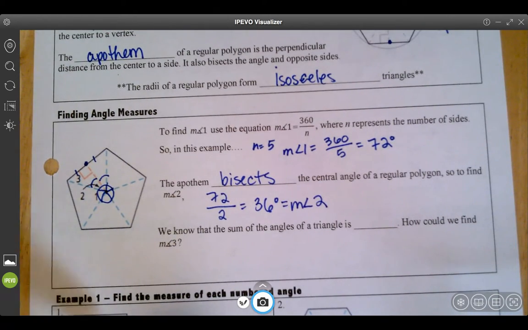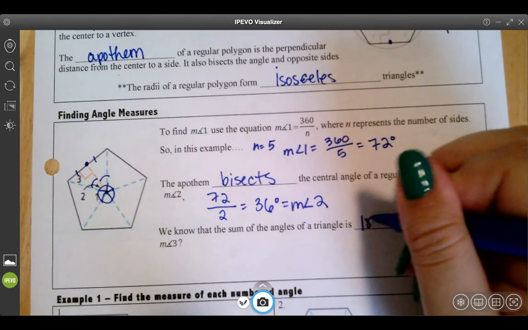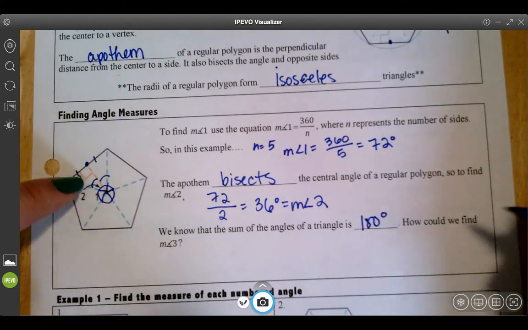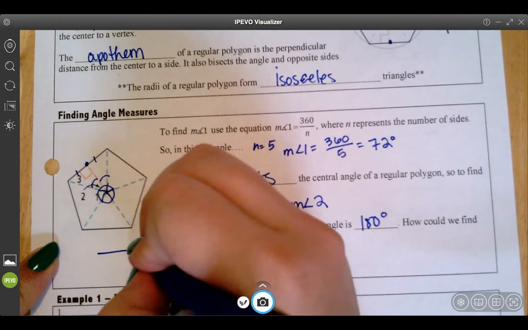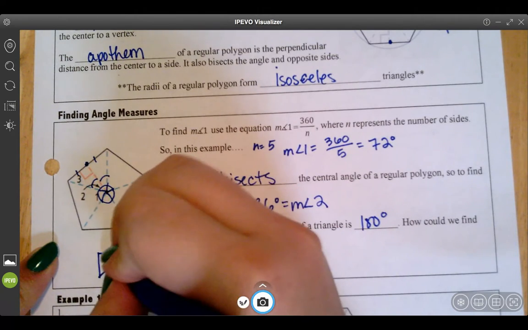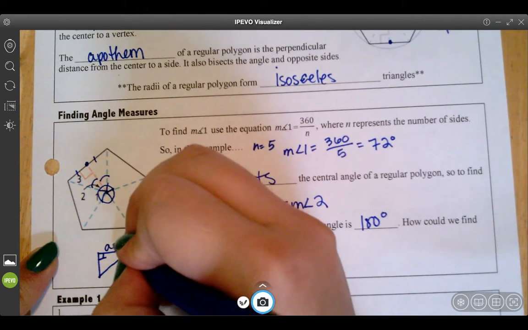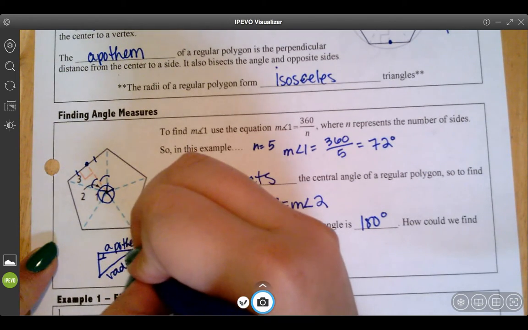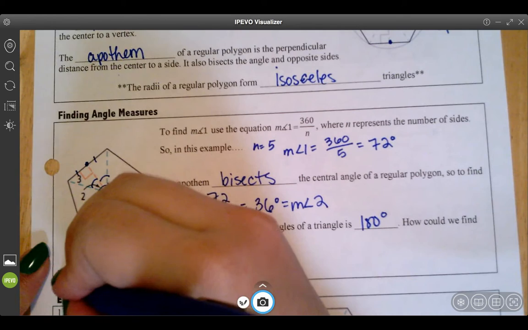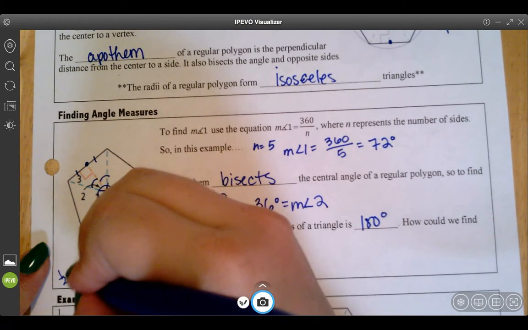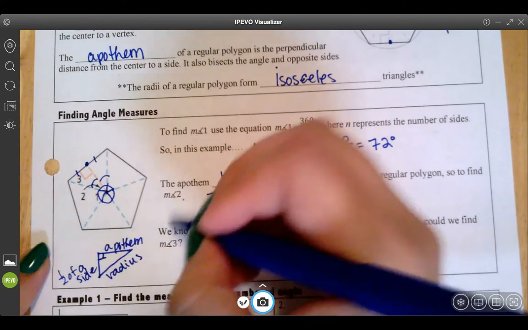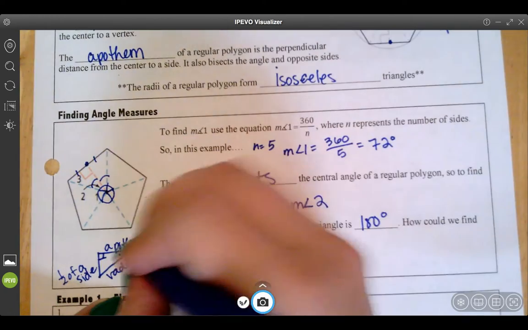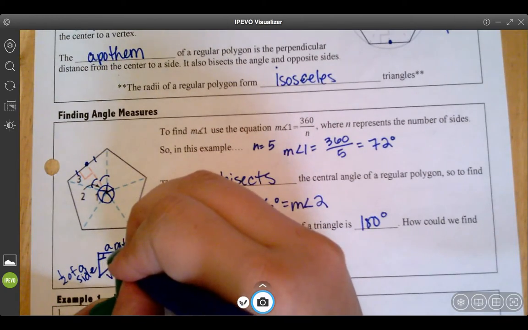And since we know the sum of the angles in the triangle is 180 degrees, and we have this triangle here created by the apothem, the radius, and half of a side, we know that this angle here was 36 degrees.